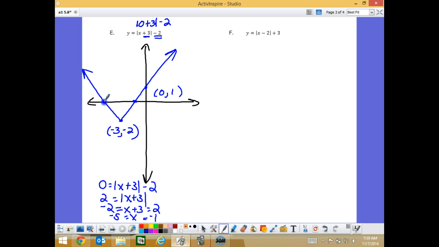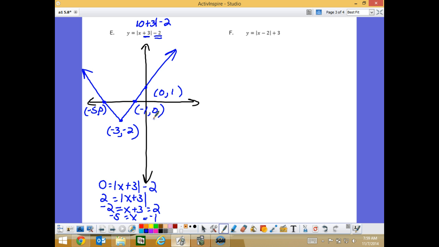And the one that would be on the left would be the smaller x value, which is -5. And the one that would be on the right is the larger x value, which is -1. So we've labeled the vertex, we've labeled the x-intercepts, and we've labeled the y-intercept.